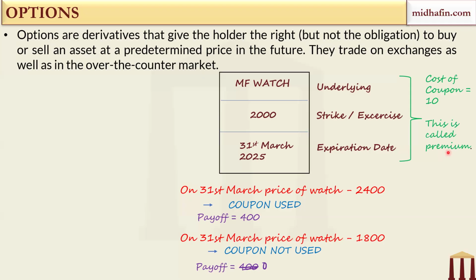And because of this extra incentive of $10, Vedant, I am taking a chance which can lead me to a loss also. Because as a seller of the coupon, I never get a chance to face a positive payoff situation.